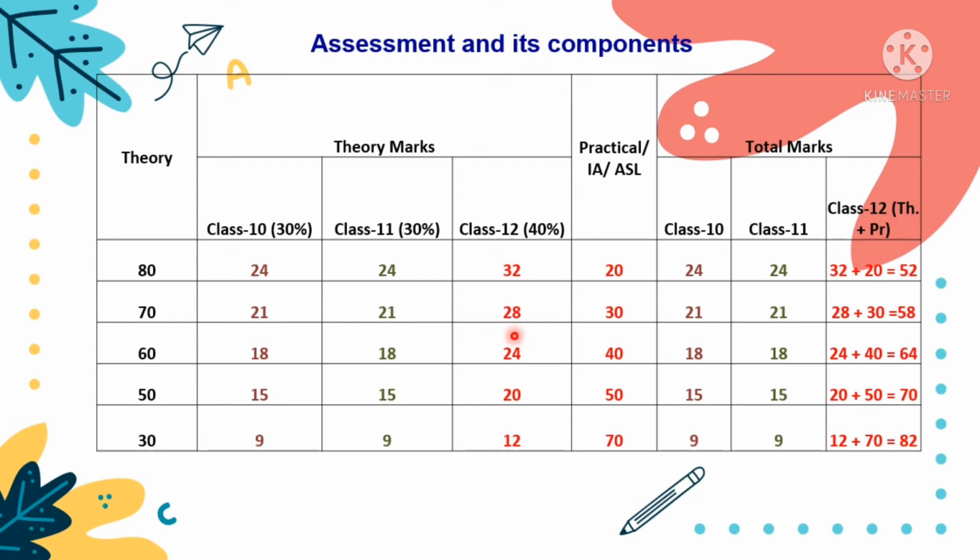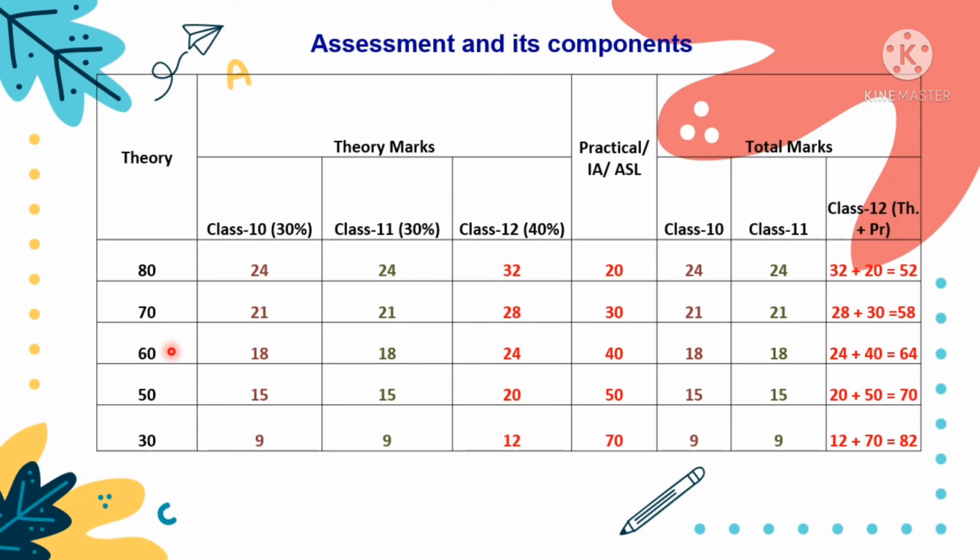So from class 12, 28 from the theory portion, 30 from the practical portion, and 28 and 30 will make 58 from class 12 theory and practical together, 21 from class 10, 21 from class 11, and 21 plus 21 plus 58, again 100 total, right?